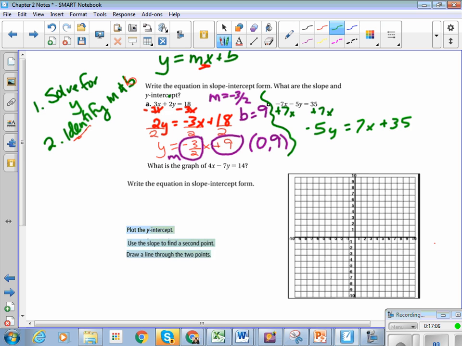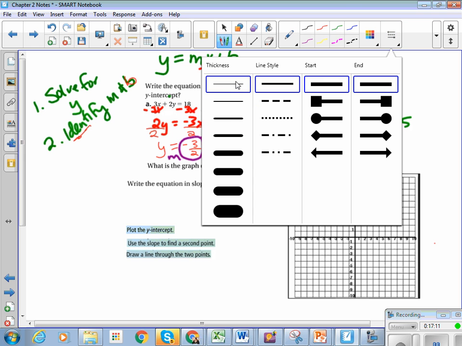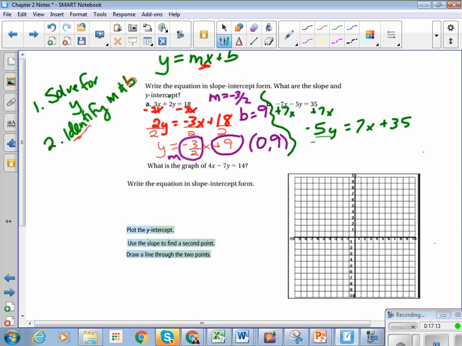Then I'm going to divide by negative 5. Everything gets divided by negative 5. This gives me negative 7/5 x minus 7. 35 divided by negative 5 is negative 7. And remember, plus a negative number is the same as minus.